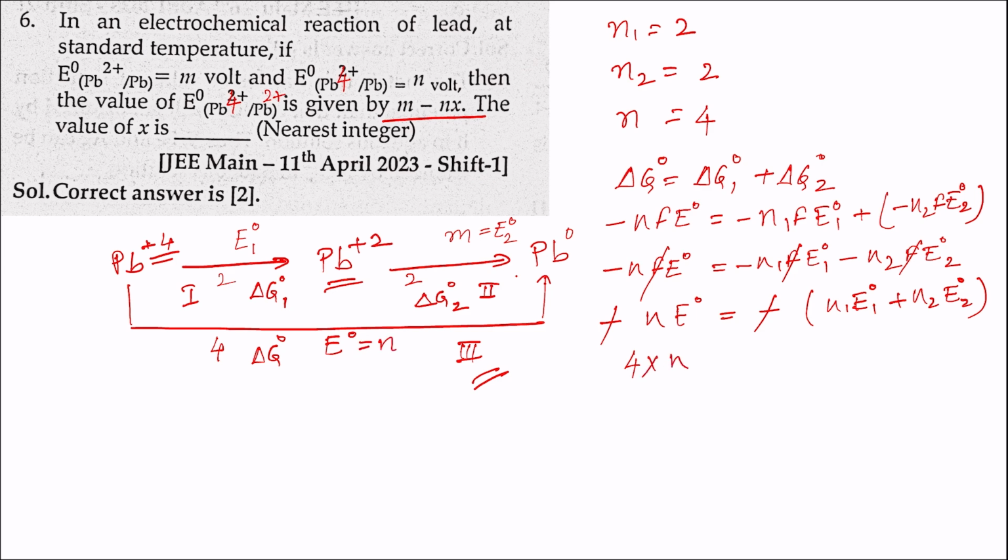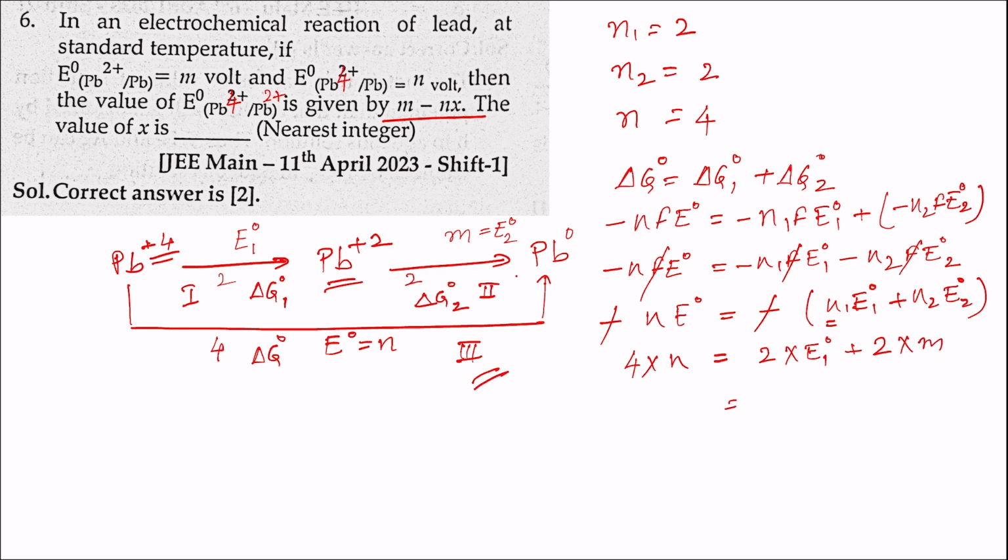So 4 into n is equal to N1, which is 2, into E naught 1, that you have to find out, plus N2, which is 2, multiplied by E naught 2, which is m.